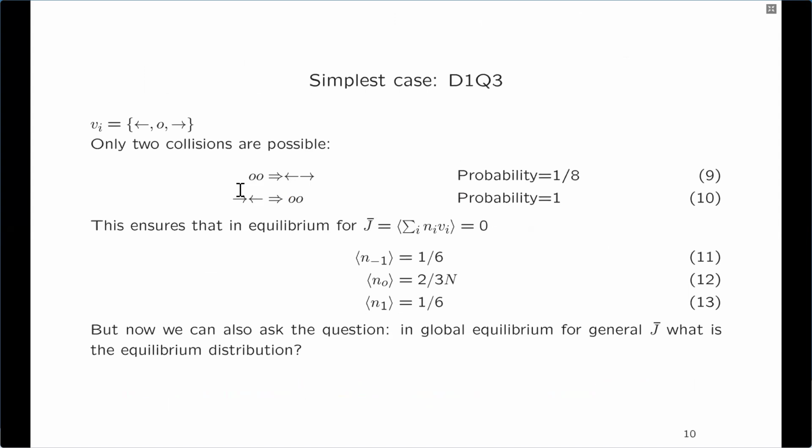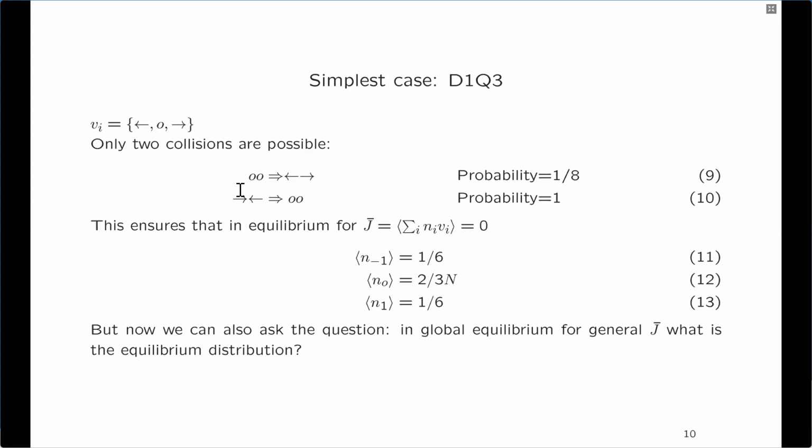And you want your average value to give you these 1/6, 2/3, 1/6, right? And you do that by taking two rest particles that are colliding. Two moving particles always become rest particles. Two rest particles make moving particles with the probability of 1 over 8. And you can convince yourself that that gives you this w_i weight that you expect.